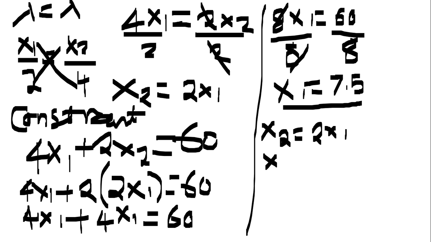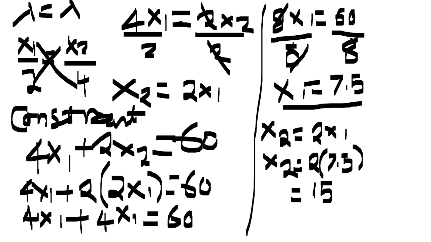So therefore, x2 is equal to 2 times, but we now know what x1 is. That is 7.5. Yes, therefore, 2 times 7.5, we have 15 units of good x2.